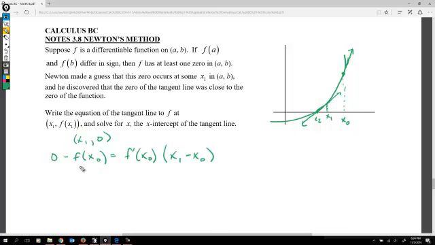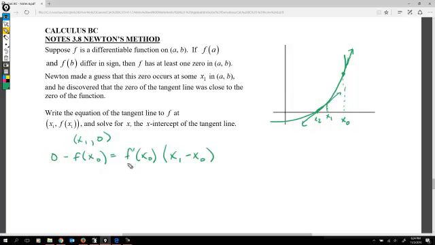This is essentially just point-slope form: y2 minus y1 equals m times x2 minus x1, but we're using x sub 1 and x sub 0 instead.